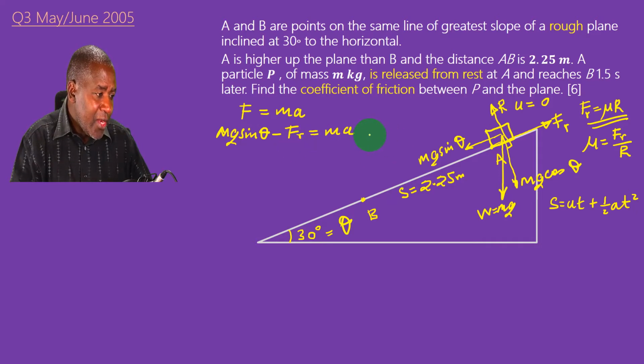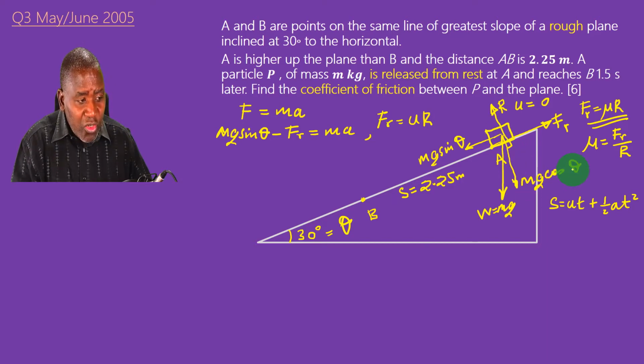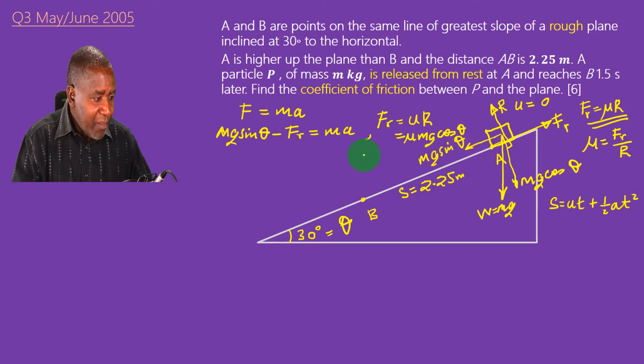Let's see. When I see that m and m are there, and I come here, I know that friction is going to be equal to mu R. And what is R? R is equal to mg cos theta. So I can say this one is going to be equal to mu mg cos theta. A bit crowded there, but I hope you can follow.